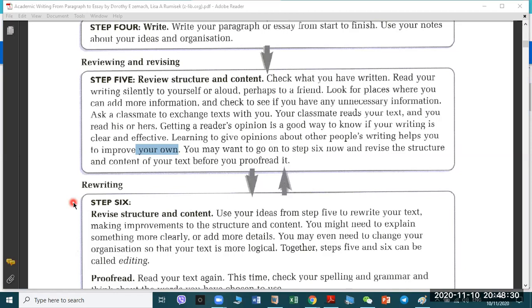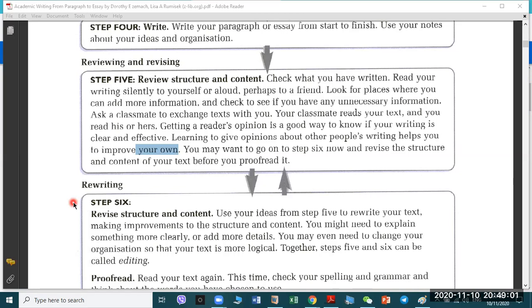You might have found, after you revised with your friend, that there are some places where you were not successful, so you should clarify more. The ideas, the details should be added if necessary. You may even need to change your organization so that your text is more logical. You should organize the ideas more and more.